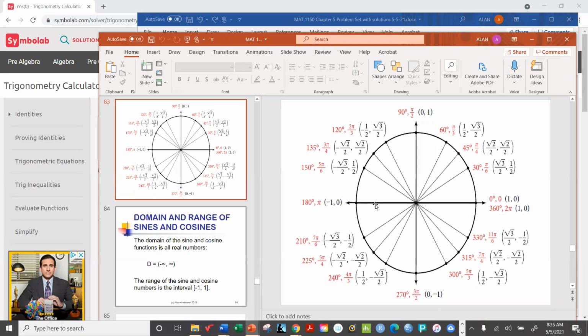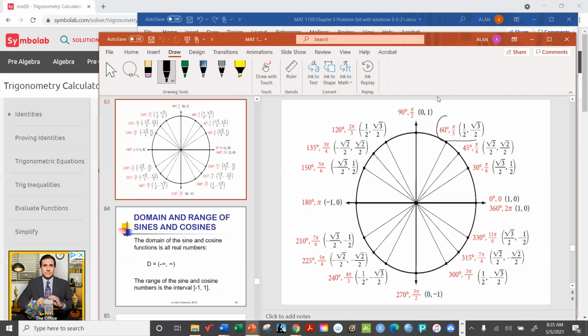So if you read across, what this is telling us, and I don't know if you consider this to be useful or not, but if you look at 60 and 240, if you look at the values of the cosine and the sine, they're the same numbers, but with different signs.